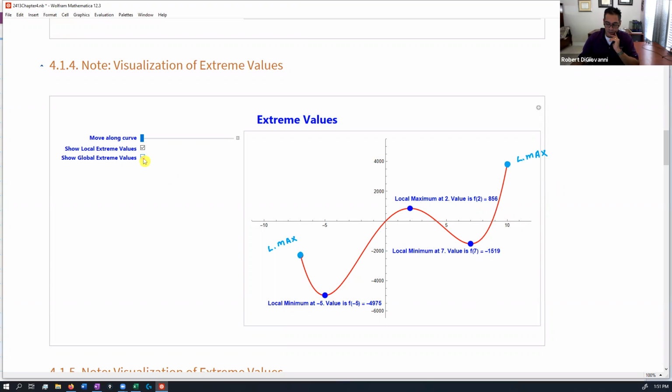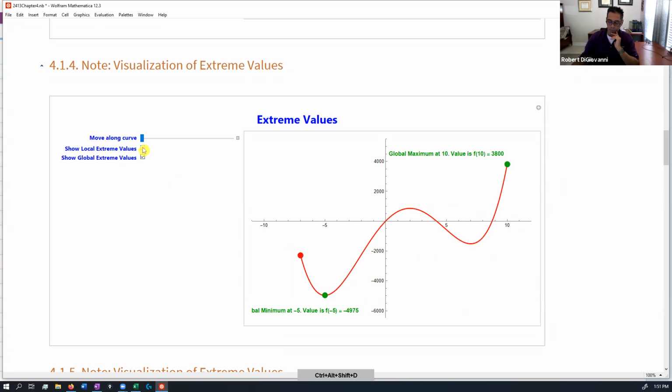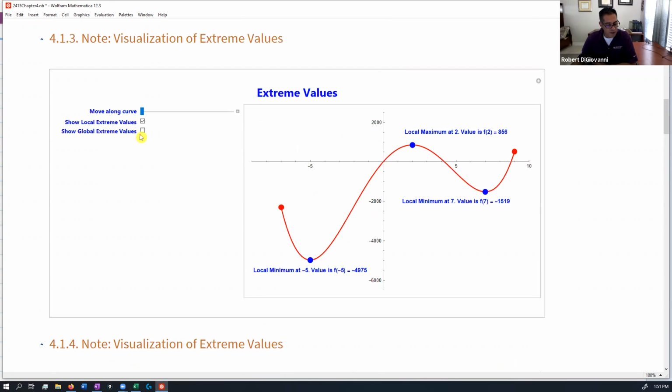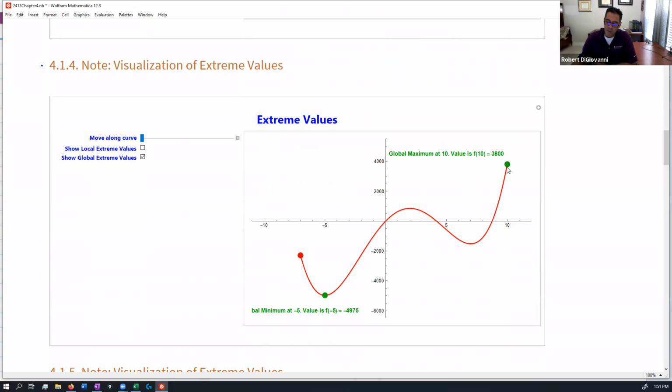Where are they? So your global maximum is actually at the endpoint, isn't it? And your global min is here. That's different than the previous problem. The previous problem, the global was inside, right? But on this graph, I raised this point up further, so it took that global max over here.